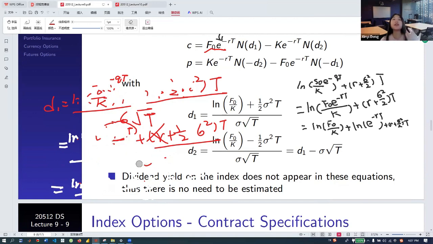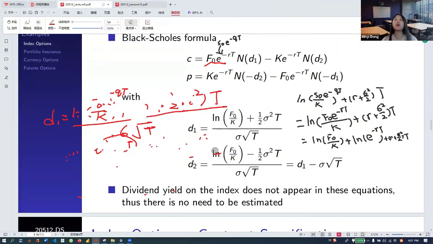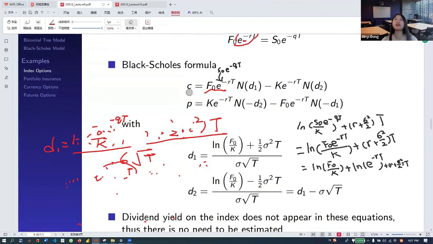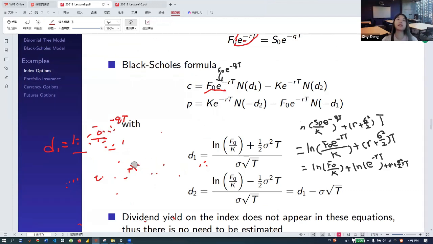As long as you are using the forward price to do the valuation, in this version of the Black-Scholes model, neither r nor q appears in d1, d2. Of course, r still appears in the expressions for C and P, because you see e to the power of minus RT, but we don't have to estimate q because q does not appear in the equation once we are using the forward price.